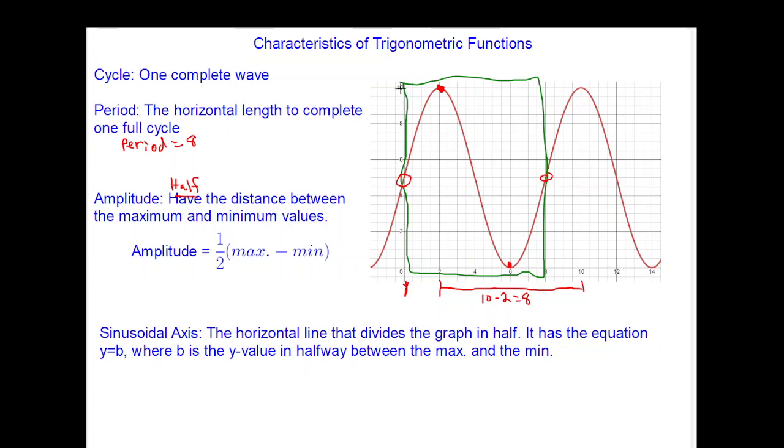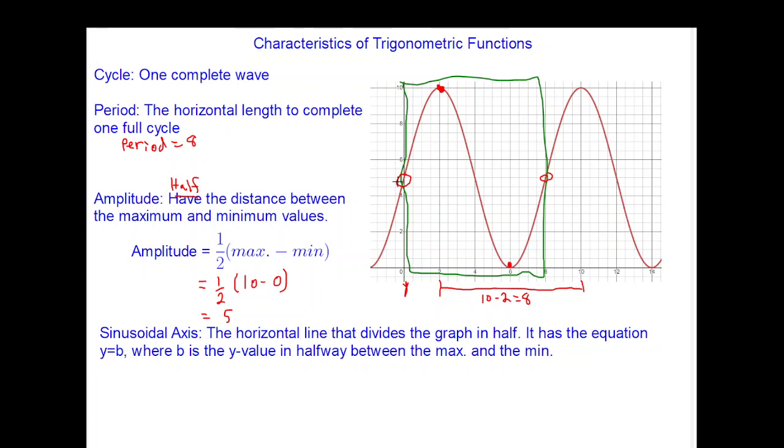That will tell us the distance from top to bottom. And then dividing it by 2 or multiplying it by a half. So in this case, 1/2 of the max was 10, minus the min here, the min was 0. 10 minus 0 is 10, half of 10 is 5. So the amplitude is 5.